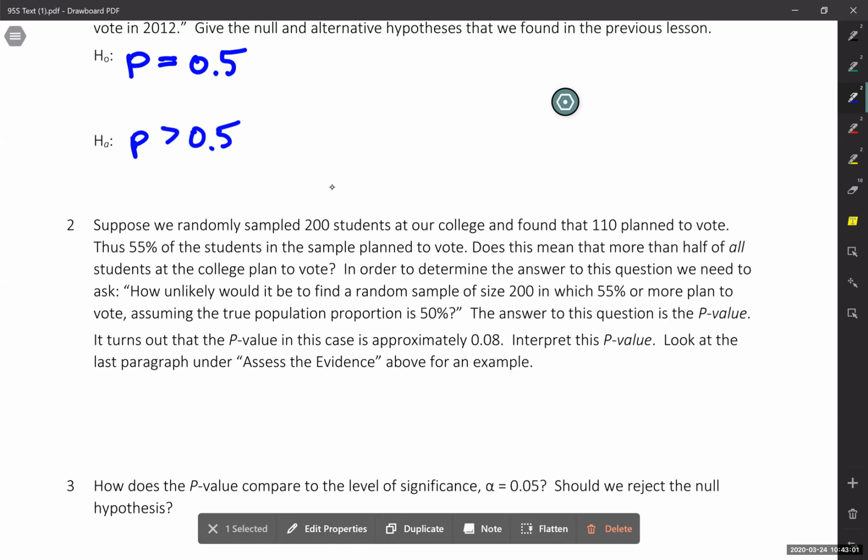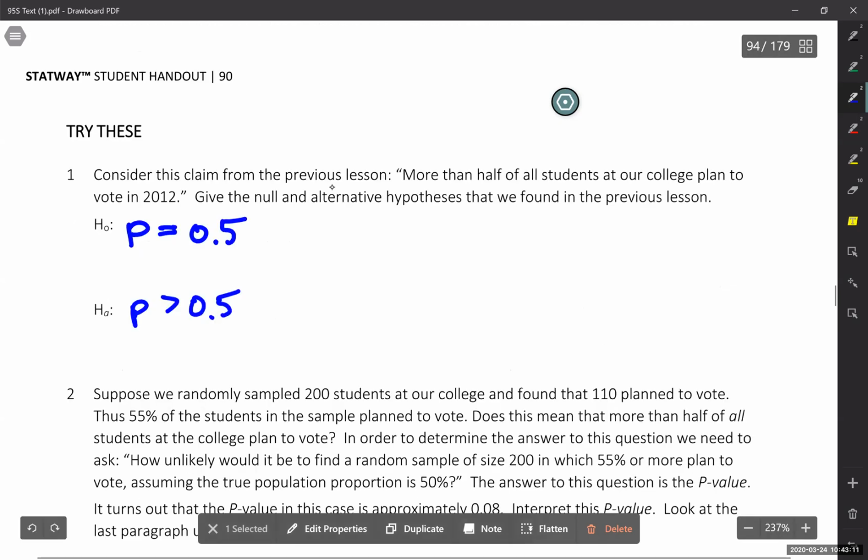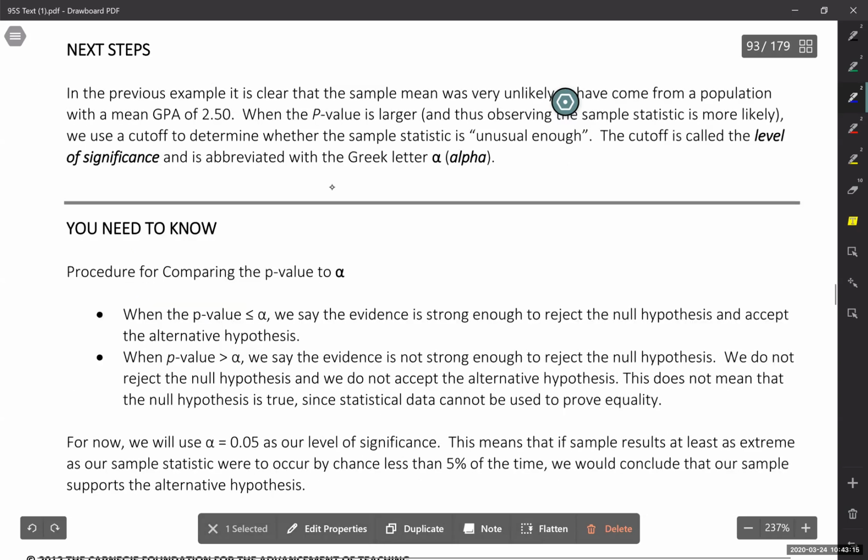So look at the last paragraph under assess the evidence for an example. We're going to go back up to the part that you just read. Here's assess the evidence.